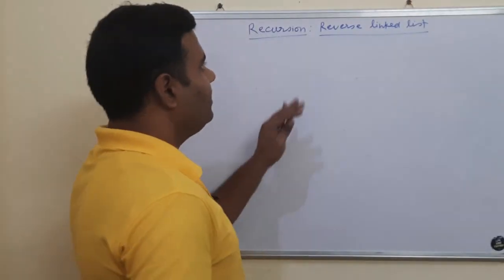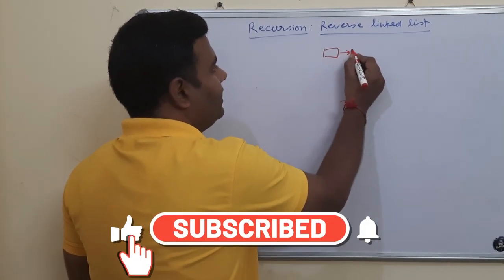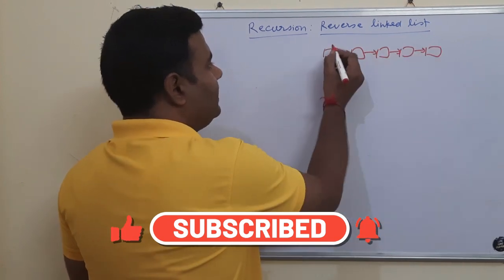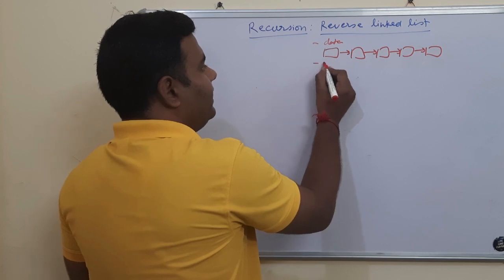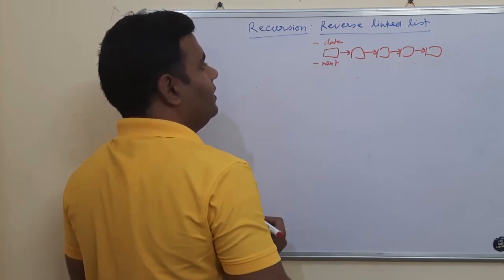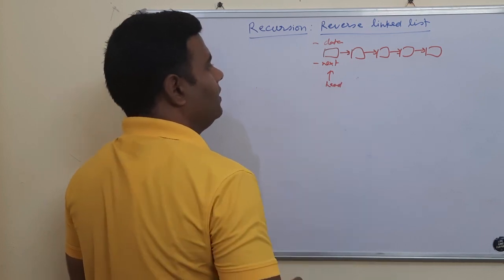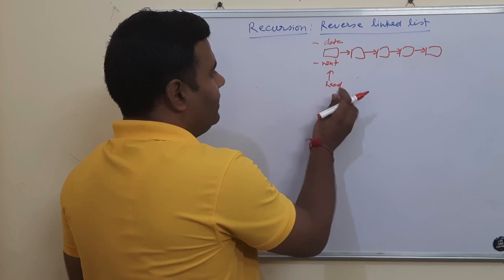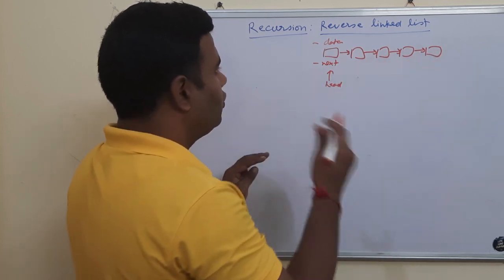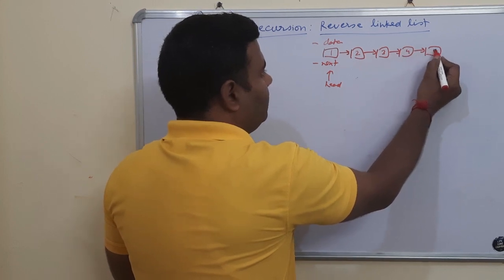So let's first see what reversing a linked list means. Let's say you are given a linked list, and each node has data and a next reference, right? And at the top we have a head reference. Each node has these two data points and head is given, so now your goal is to reverse this.